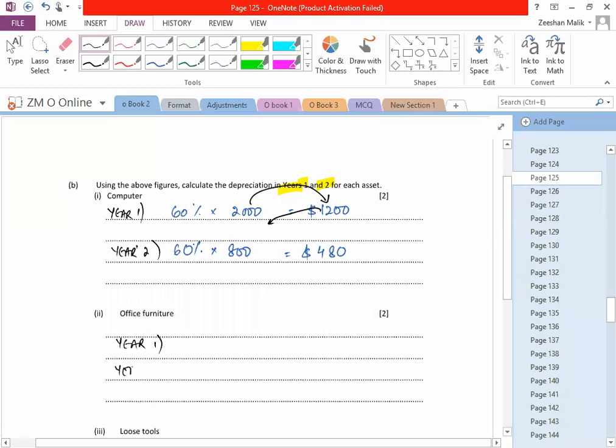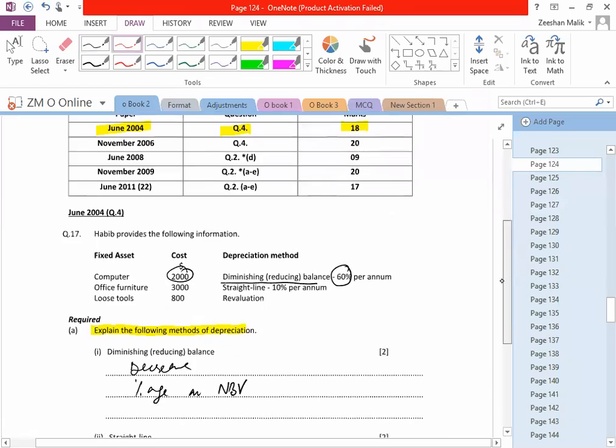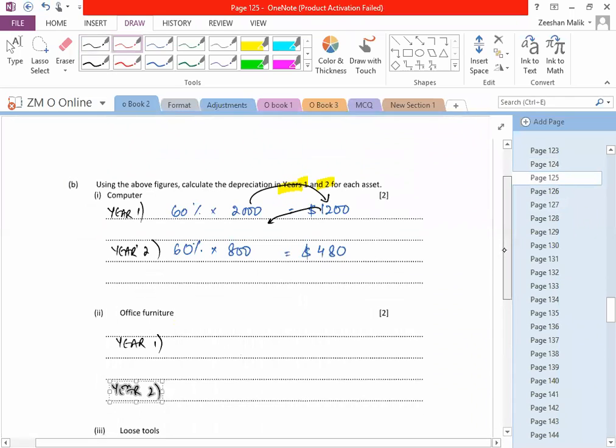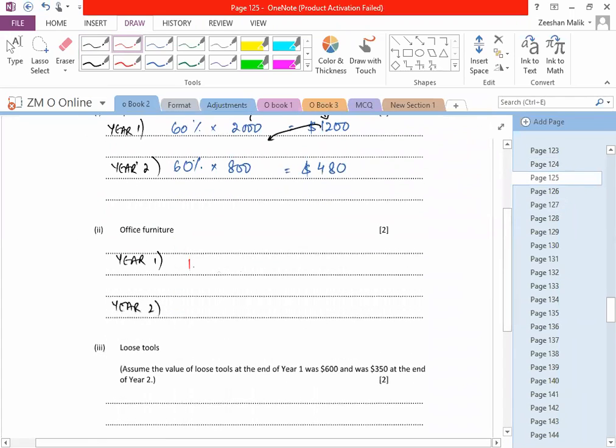Now, office furniture, year 1 and year 2. $3,000 was the cost. Straight line method, 10%. No issue, sir. Under the straight line method, percentage will remain the same.